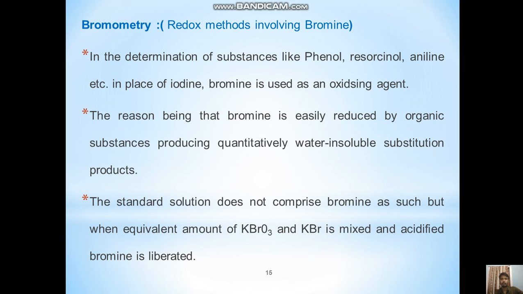The reason is that bromine is easily reduced by the organic substances, producing quantitatively water insoluble substituent products. A standard solution does not contain bromine as such, but when an equivalent amount of potassium bromate, KBrO3, and potassium bromide, KBr, is mixed and acidified, bromine is liberated.